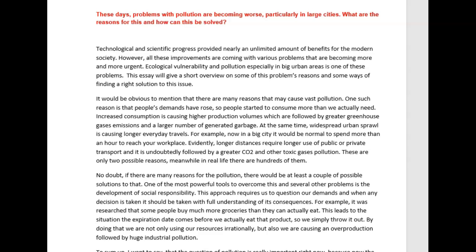There are still some things that I want to change though, just to kind of boost it up a level or so. Let's read it again and make some changes. Technological and scientific progress have provided, because we don't know when this happened, have provided a nearly unlimited amount of benefits for the modern society.